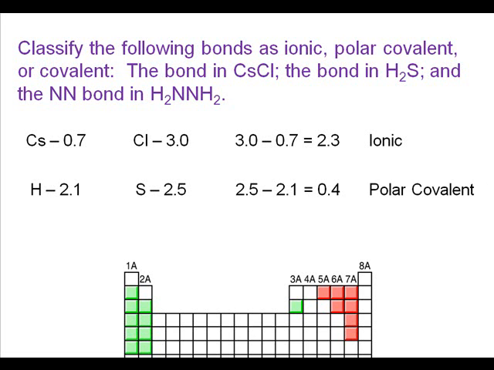The fact that there are two hydrogens does not affect the value. And finally, nitrogen bonded to nitrogen, it's N2 gas. You have a difference of 0, and therefore that bond is going to be a completely covalent bond. And so we're looking to categorize the kind of bonding that takes place, and that's based upon electronegativity differences.